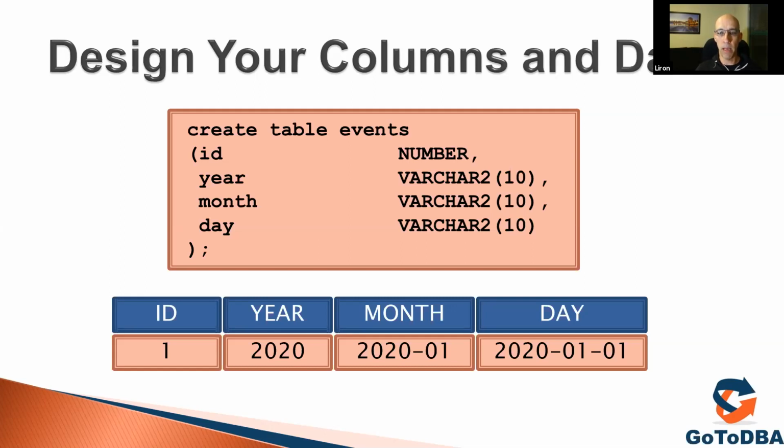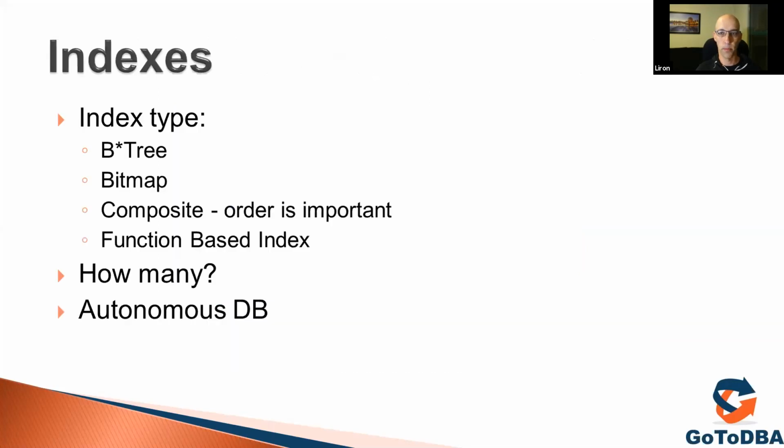But if it doesn't make sense, don't use that. This is part of the application design or the schema design, schema design that is also related to the application design. And together we need to not allow these types of things to happen. So this is another thing that you need to consider: what are the columns and what data are we going to put into these columns.